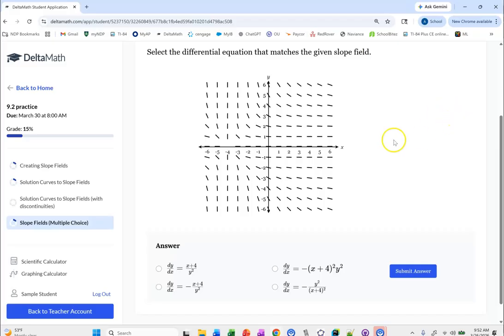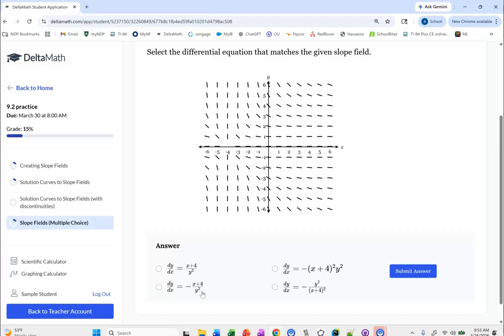Well, at x equals 6, it's not always horizontal, right? Because I have some stuff down here where it's not. Y equals 0, right? All straight across here, along the line y equals 0, we have a horizontal slope. So that tells me that I can get rid of this one and this one, because if y equals 0, those should be undefined. I can discard those two immediately.